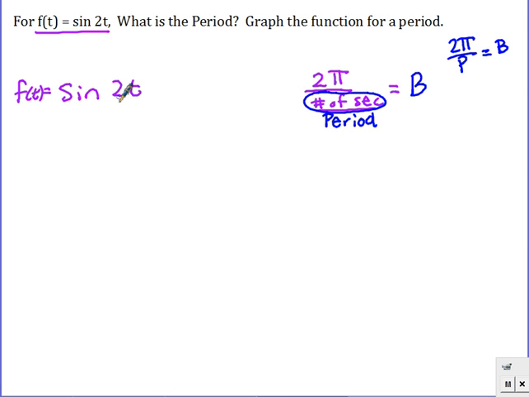So it's asking, what is the period? Well, we already know b. b is 2. So we have to say, 2 pi divided by some number, I'll put x, is equal to 2. That's the radians per second that we put in there. Now something happens here. To get to 2, my pi has to simplify out. In order for that to happen, it has to be pi.